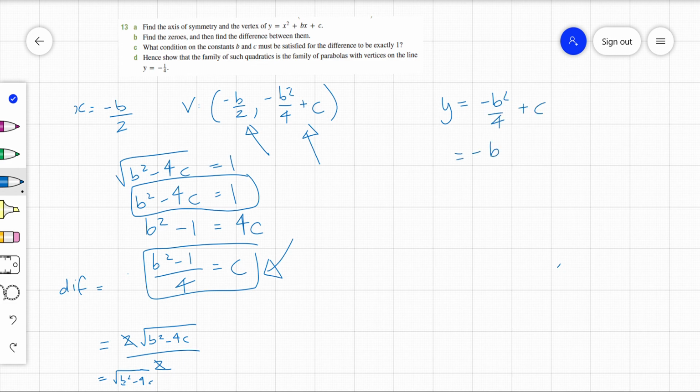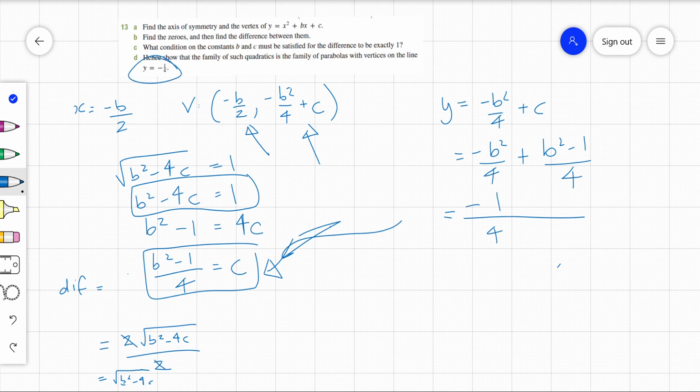So minus b squared on 4. This time I'm going to use this c here, which is b squared minus 1 on 4. So you can see that it's all over 4, and we've got a negative b squared plus a b squared. That gets rid of that, and then a negative 1. So our y value is going to be negative 1/4.